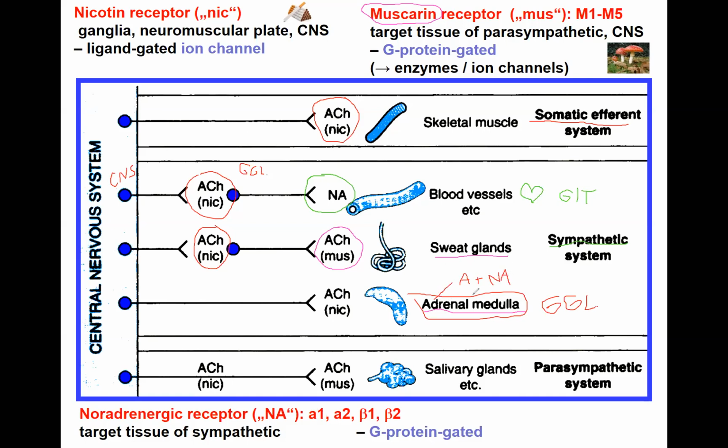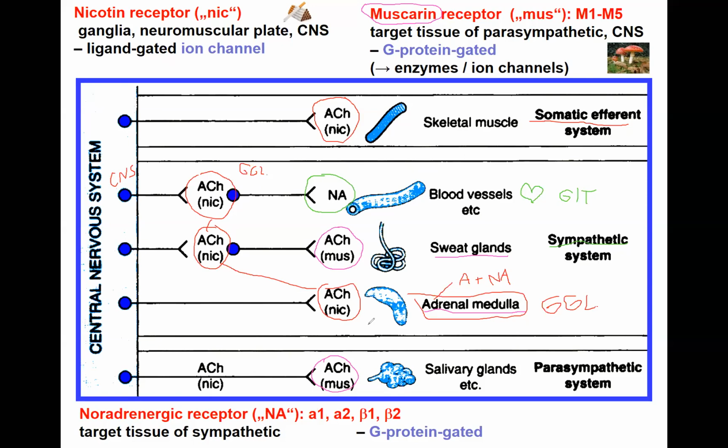So it's a ganglion which has changed into an endocrine gland. That's why we have here the same as there, which means acetylcholine using a nicotine receptor. And to conclude, for the parasympathetic system, the postganglionic fibers are the same as here: acetylcholine uses muscarine receptors.